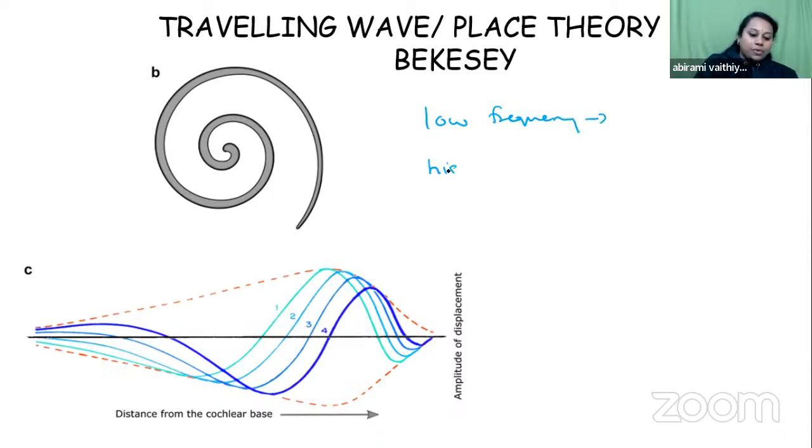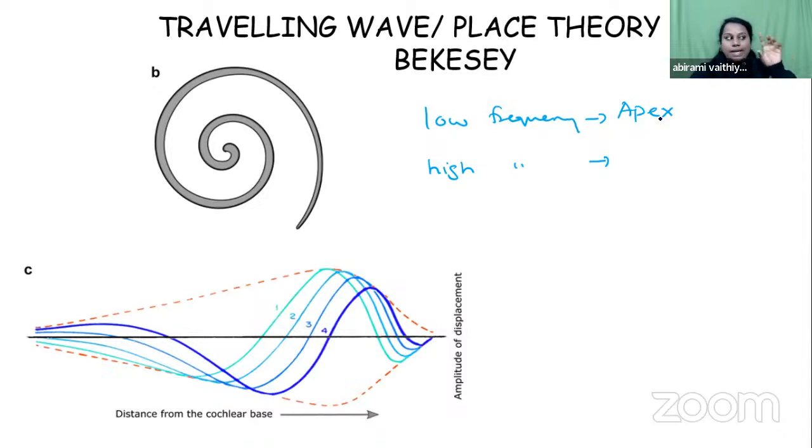What is a low frequency sound? When you hear an auto horn like this, boom, just one sound, that's a low frequency sound. This low frequency sound would reach the apex of the cochlea.